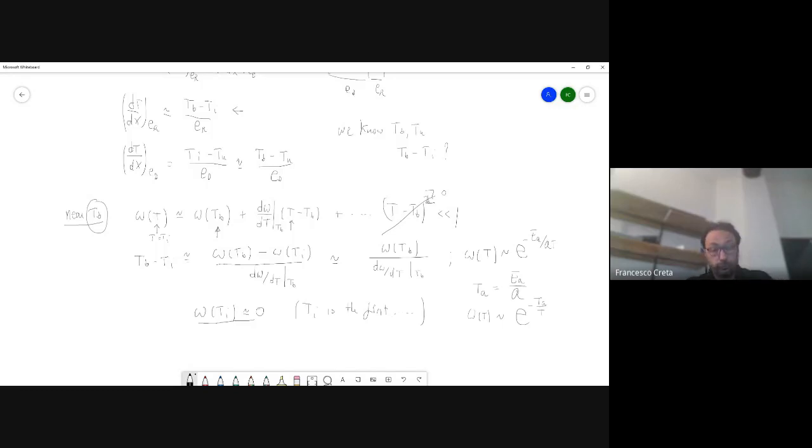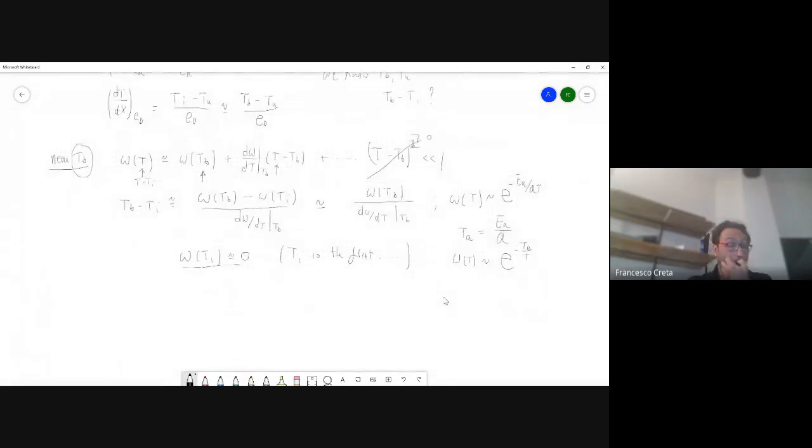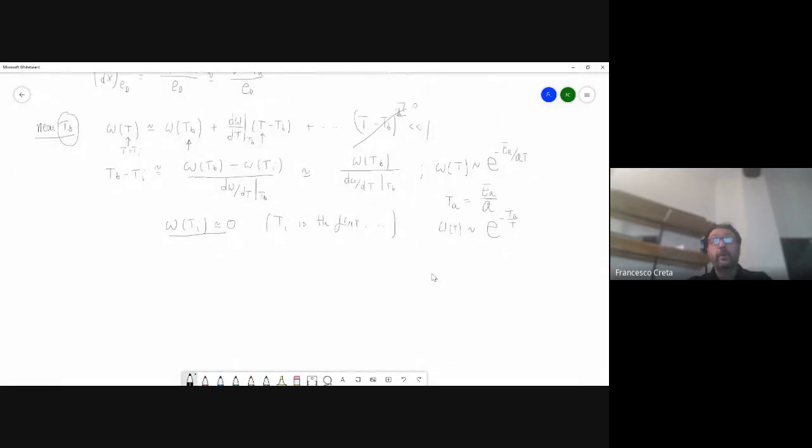Remember also the expression of the Arrhenius number, which is a high number for combustion reactions. It's a high activation energy.